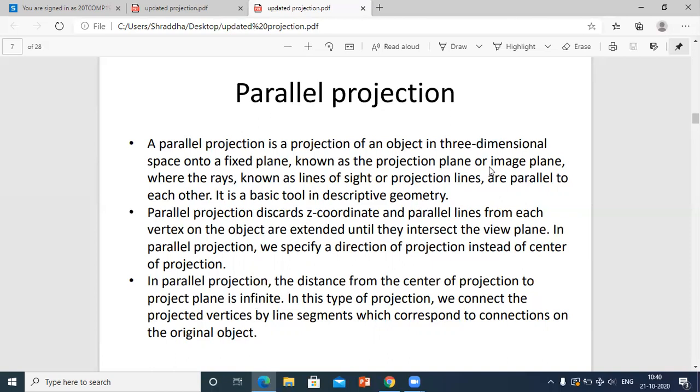That is known as the projection plane or the image plane. The rays, also known as lines of sight or projection lines, are parallel to each other. It is a basic tool in descriptive geometry.